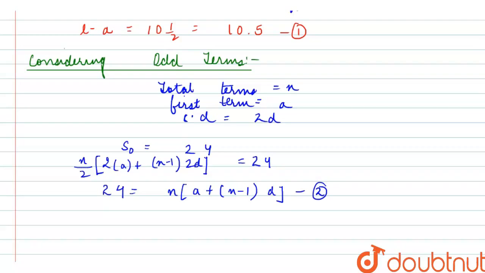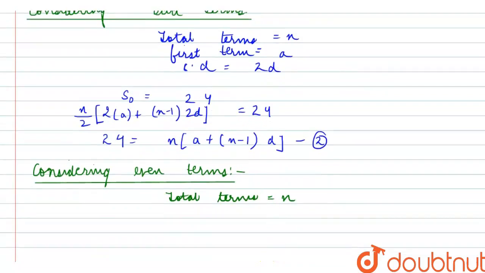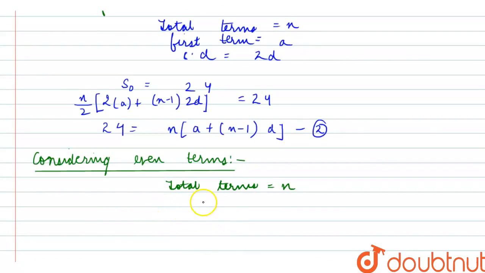Now let's look at the even terms. Considering even terms, the total terms would also be n, because the odd terms are n and the even terms are also n, making the total 2n. The common difference would be 2d again, because it would be the second, fourth, sixth terms, so the common difference is double, that is 2d.